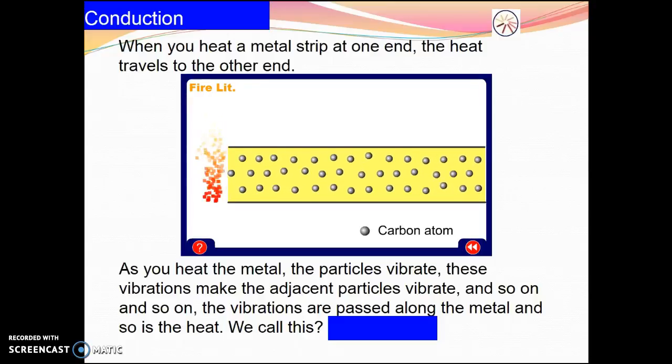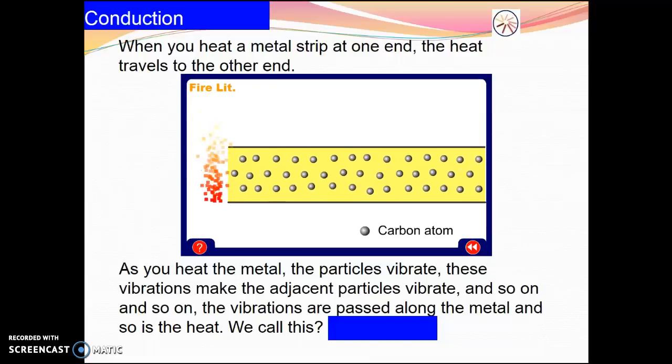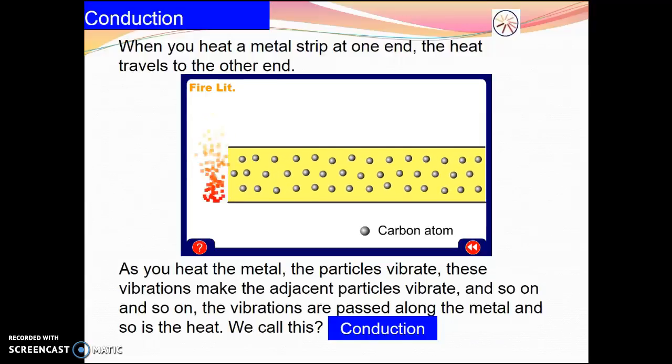Now when we look at temperature, this would measure how quickly those particles are moving. So heat is the actual energy, temperature is the measure of that energy, and when we heat up solid objects that are touching the heat source, we're going to call this conduction.